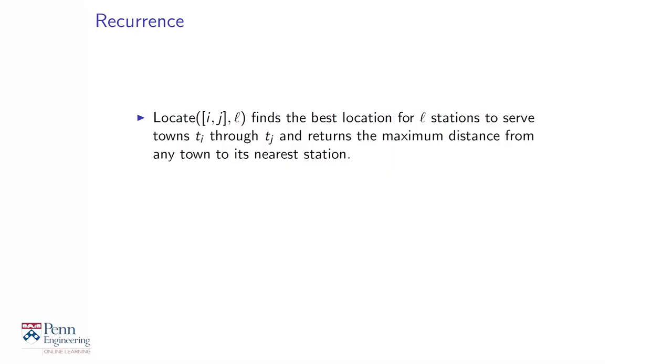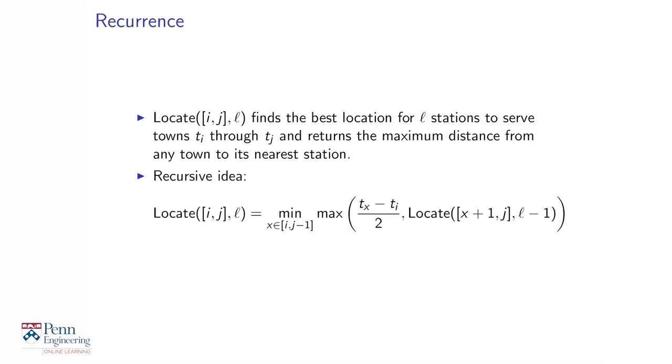So let me go through this a little bit. locate(i, j, L) is going to be a function, or method in Java, which will find the best location for L stations to serve towns Ti through Tj, and it'll return the maximum distance from any town to its nearest station. We're going to show how, for bigger arguments, this function can be computed using the answer to smaller arguments. That's going to be the recurrence relation.